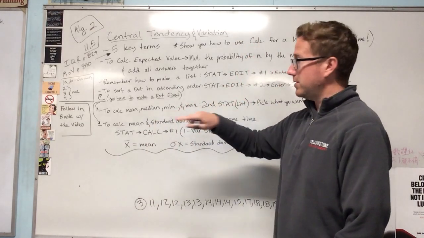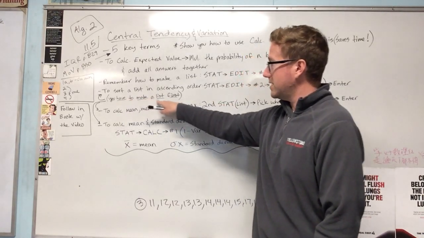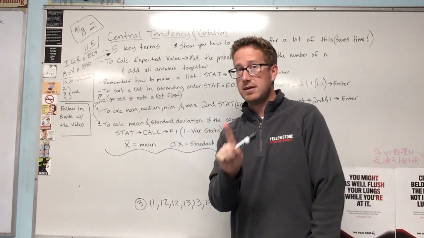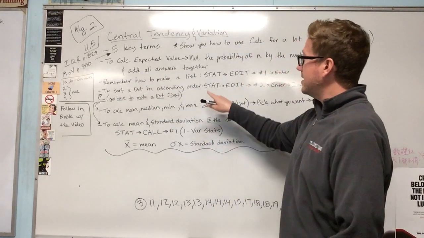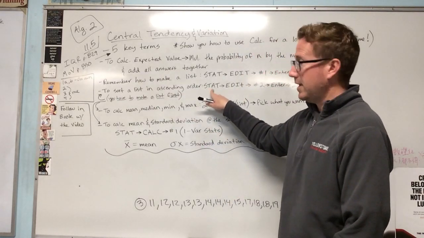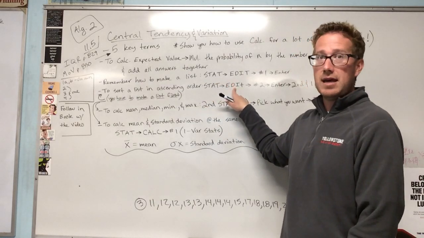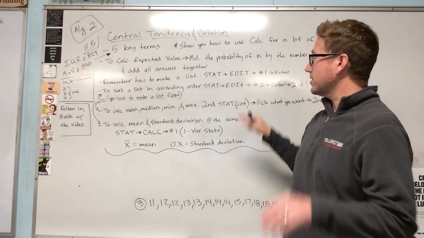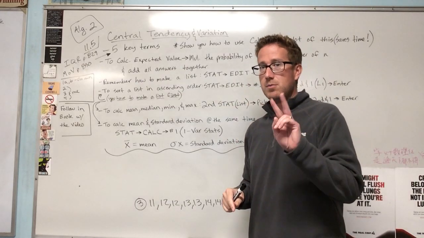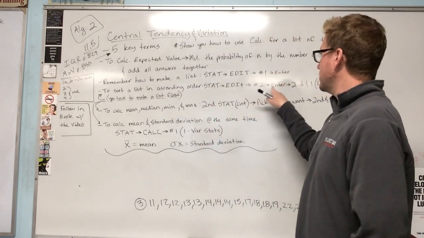So here's what you're going to do. For starters, all of this is based upon you making that list first. So the list must be made first. Then you're going to hit Stat. You're going to go again into Edit because Edit is the very first category. Then you're going to take a look at number 2. Number 2 in the Edit category is what you want.